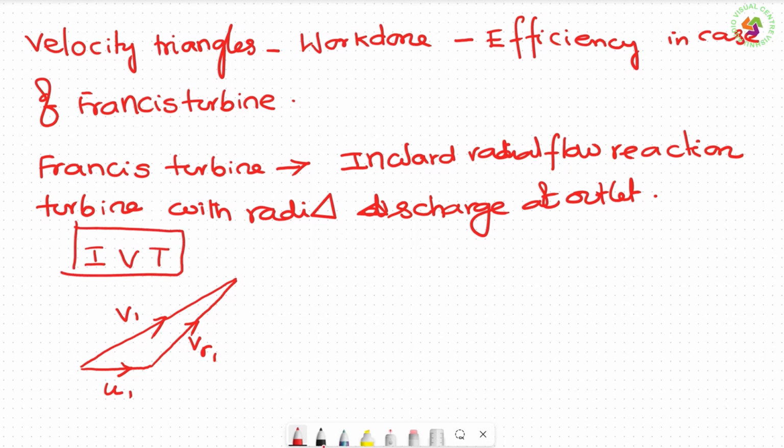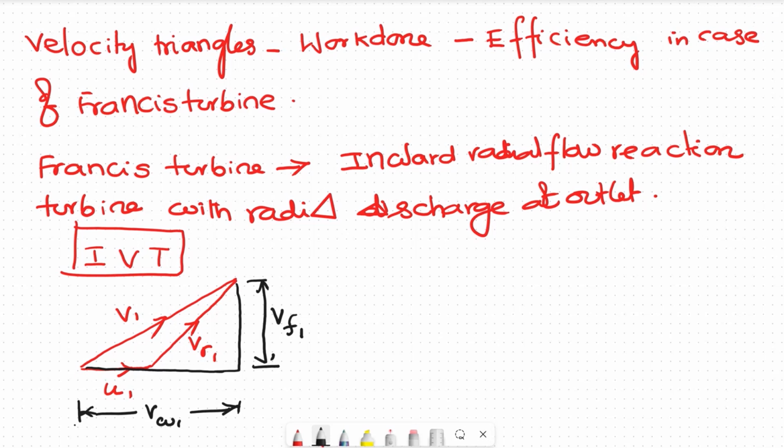Now if you take the components of V1 in the horizontal and vertical directions, the horizontal component is called velocity of whirl, and the vertical component is called velocity of flow.